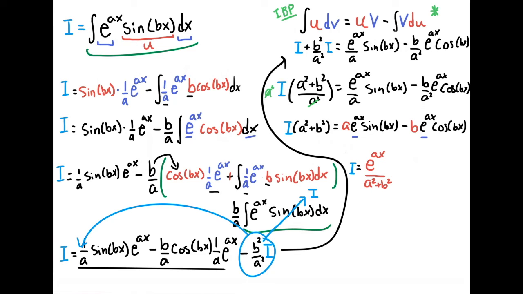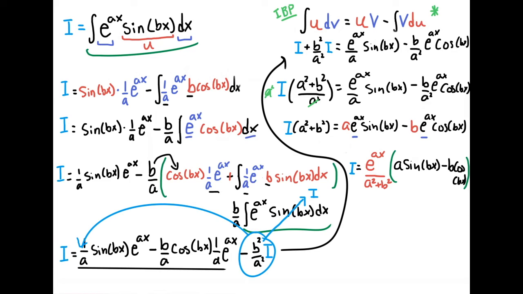And then we're going to wrap this in brackets. And what we're left with is a sine bx minus b cosine bx. And we'll close our bracket there. Starting to run out of room.